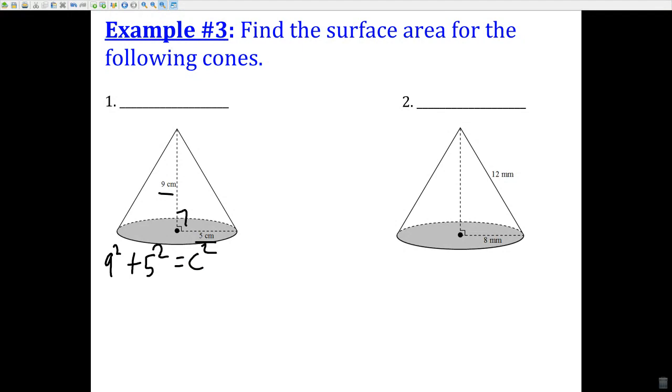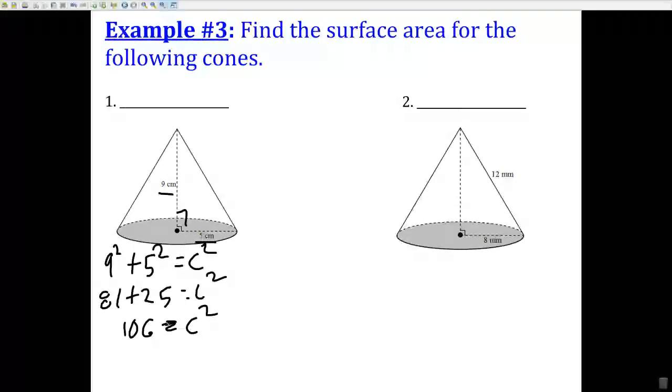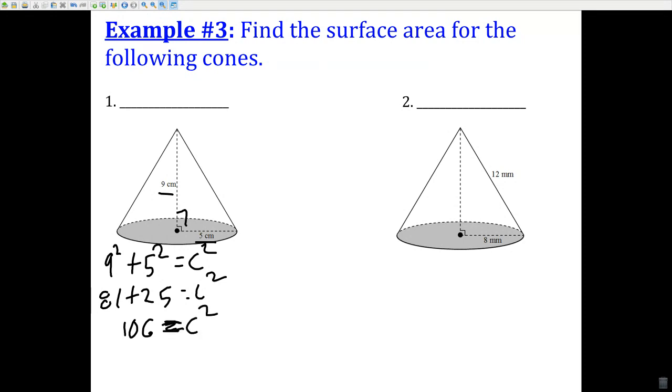a squared plus b squared equals c squared. 81 plus 25 equals c squared. Add those up. You should get 106 equals c squared. Square root both sides. Cancel out the squares. c equals square root of 106.